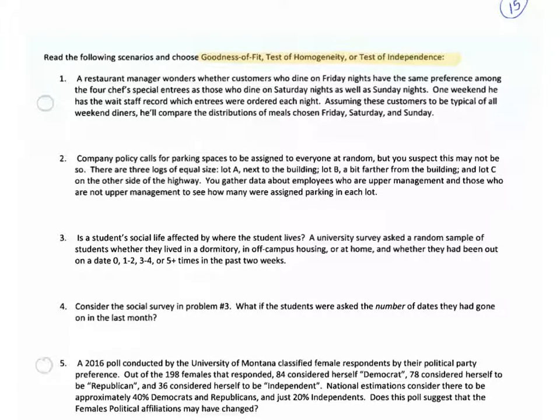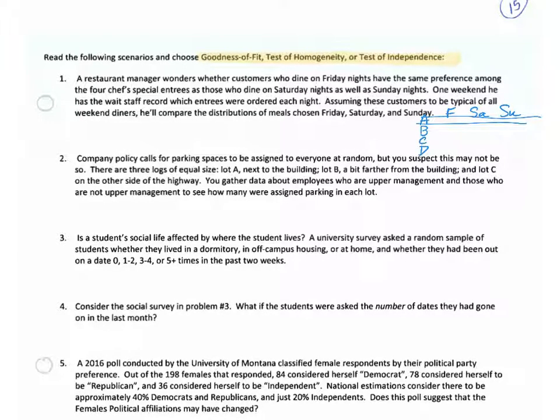Here we go. This first problem is about a restaurant, and it's talking about the menu and the meals chosen on particular days. It's talking about the meals chosen on Friday, Saturday, and Sunday, and made by chefs A, B, C, or D, 4 different chefs.